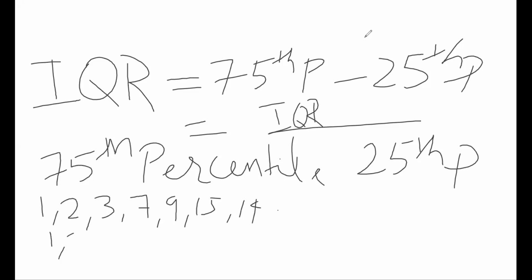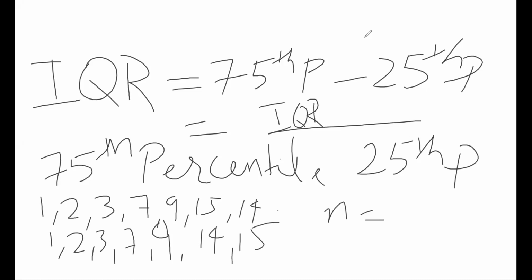So it would be 1, 2, 3, 7, 9, 14 and 15. So n is 1, 2, 3, 4, 5, 6, 7. n would be 7. For the 75th percentile, 75 divided by 100 times (1 plus 7).